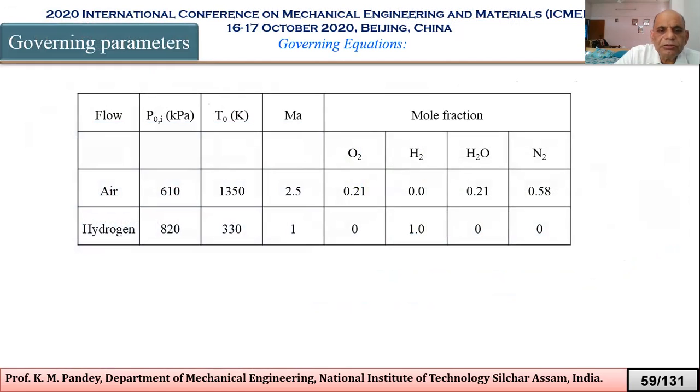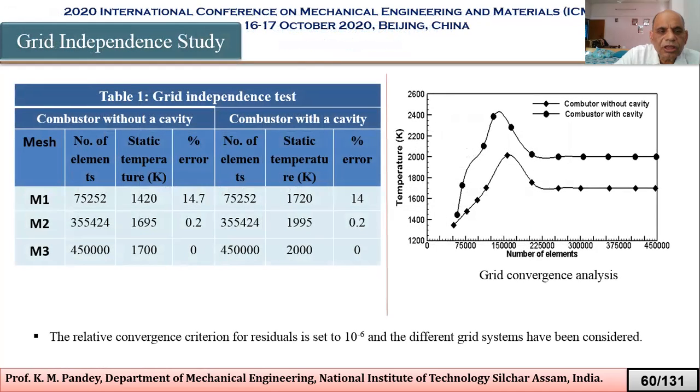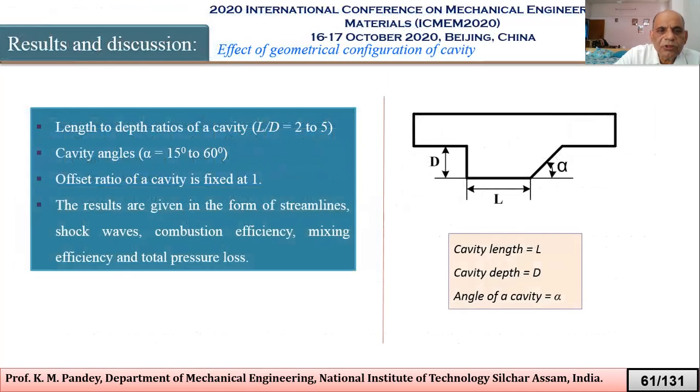So these are the various parameters, and we have taken hydrogen fuel, and air is there for ignition. And here we have done grid convergence analysis, that is called grid independent study. And then length to depth ratio of a cavity varies from 2 to 5. Cavity angle, alpha, varies from 15 degree to 60 degree. Offset ratio of a cavity is fixed at 1. And the results are given in the form of streamline, shock wave, combustion efficiency, mixing efficiency, and total pressure loss.